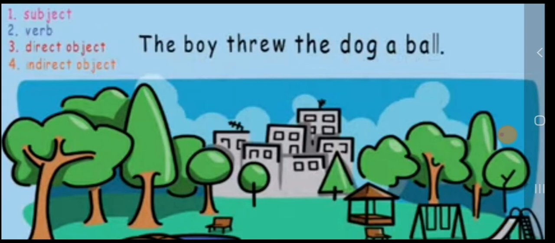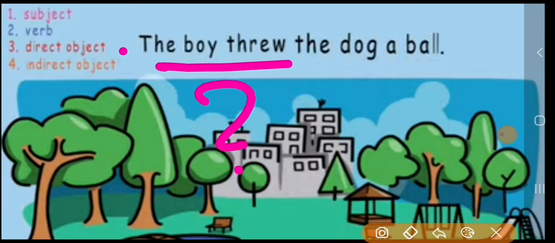Next, we need to find the direct object. We need to find the noun, pronoun or proper noun receiving the action. We need to ask ourselves, the boy threw what? What did the boy throw? Well, I'm pretty certain that the boy did not throw the dog.